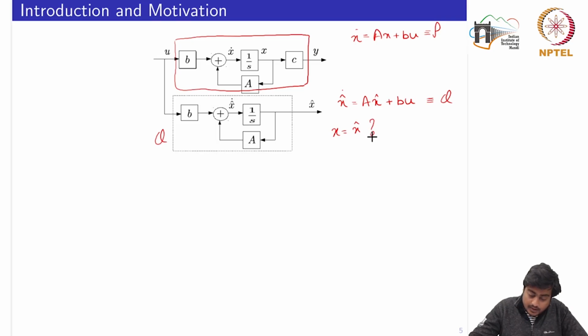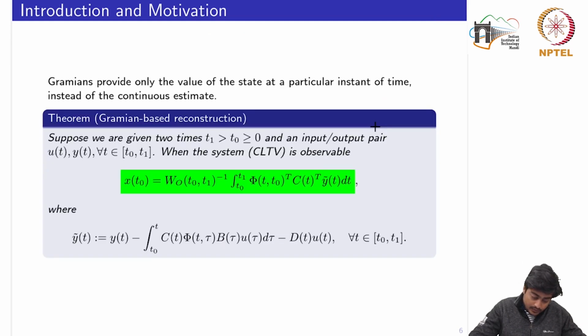If you recall, in the previous week we did the construction of this state signal, but that reconstruction was done at a particular time t naught. The Gramians provide only the value of the state at a particular instant of time instead of a continuous estimate.